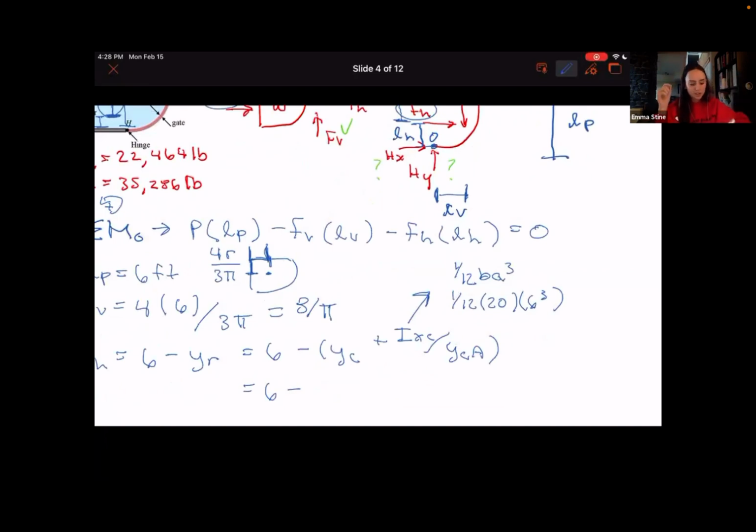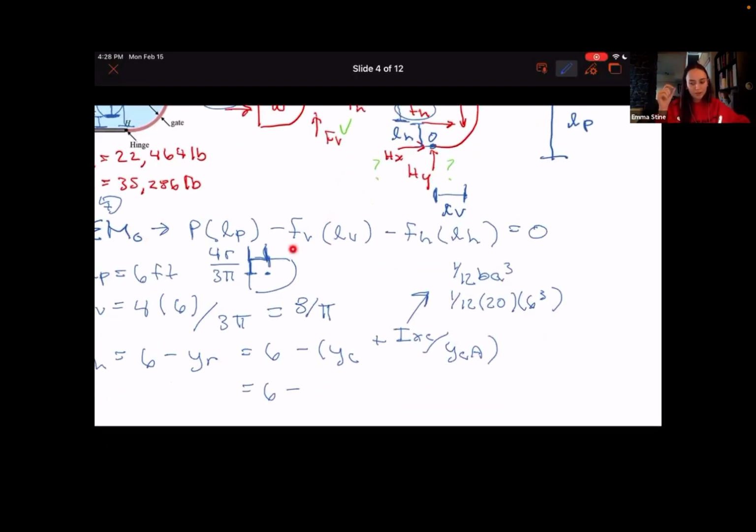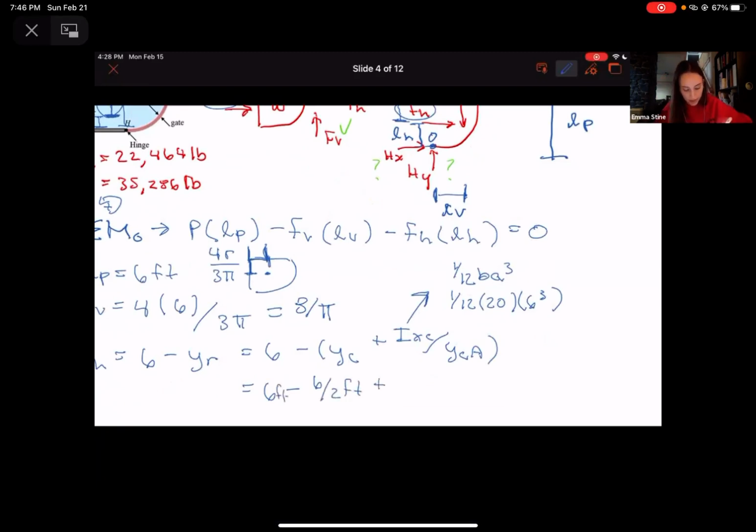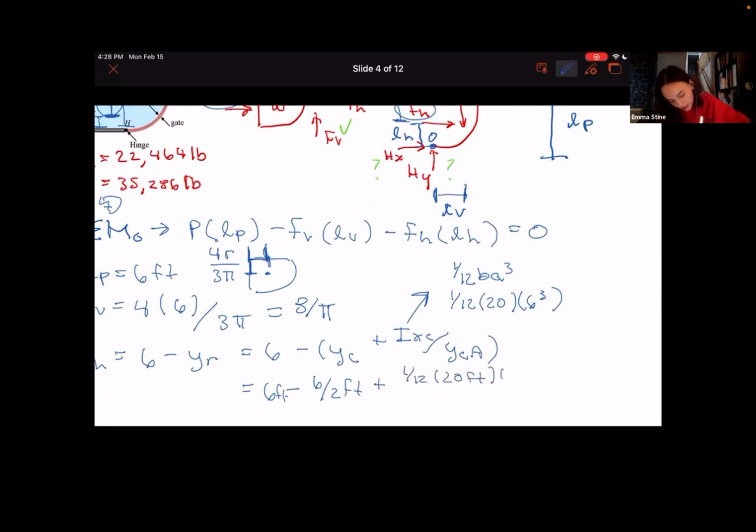It's just the centroid of the rectangle as it sees, so it's going to be 6 over 2 feet. Plus 1/12 times 20 feet times 6 feet cubed, over YC again, which is 6 over 2 feet, times area, which is 20 feet times 6 feet. So you're going to do all that.